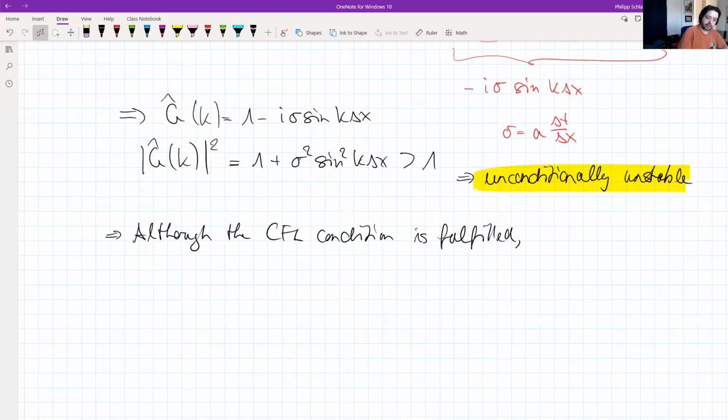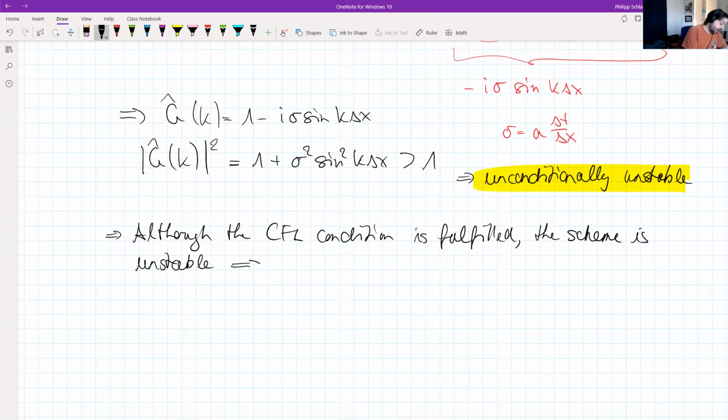So although this condition is fulfilled, the scheme is unstable as per the von Neumann analysis.